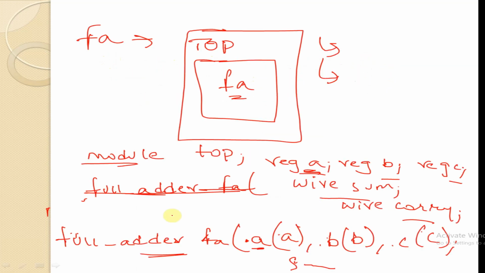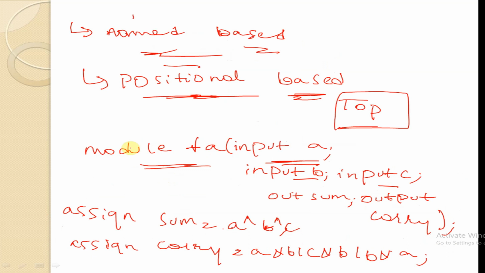So like this I will instantiate my full adder in the top module. This is one way of instantiation, this is name based instantiation.